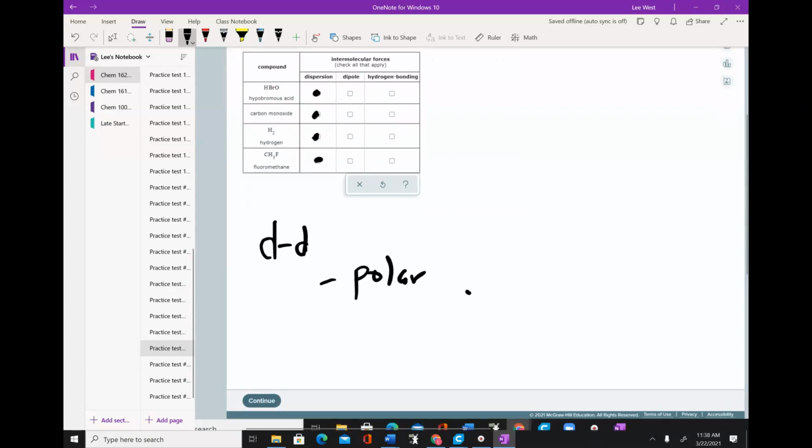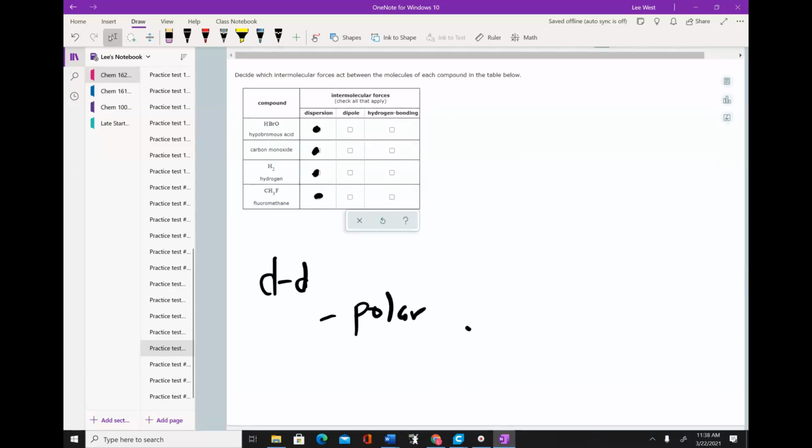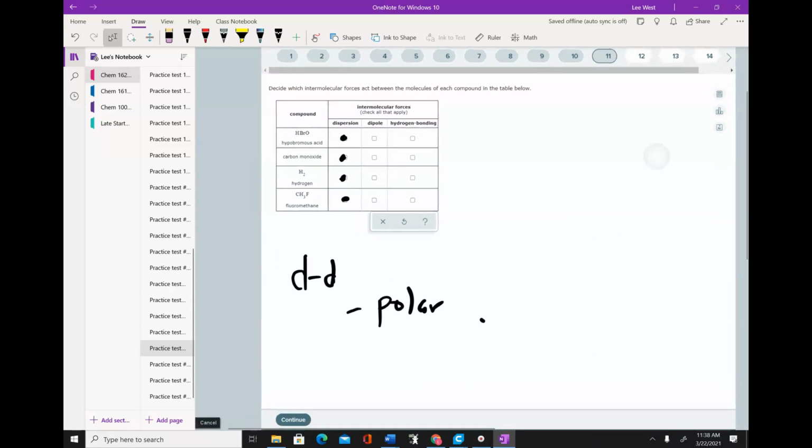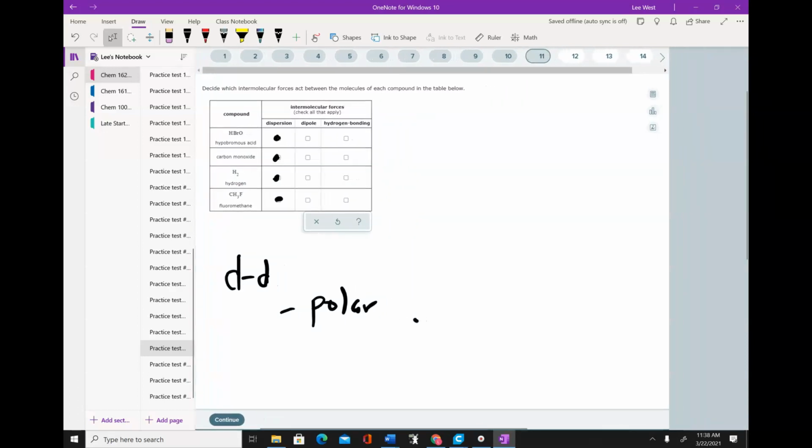Polar molecules have an asymmetric distribution of electron density around the central atom. So if I was going to do hypobromous acid, the Lewis diagram is going to be something like that, right?